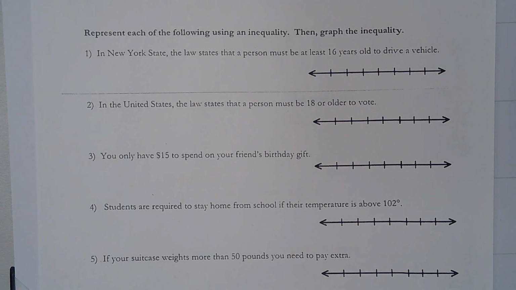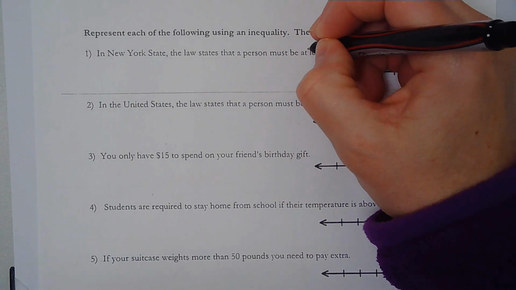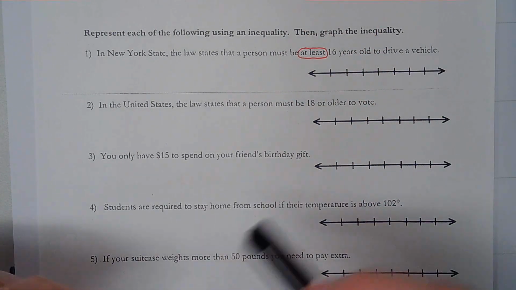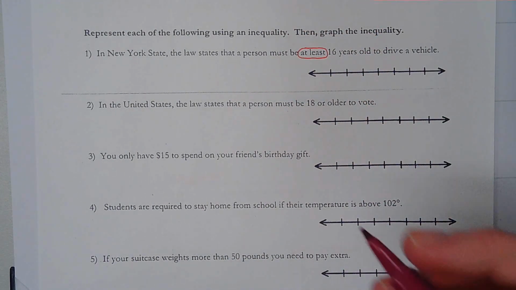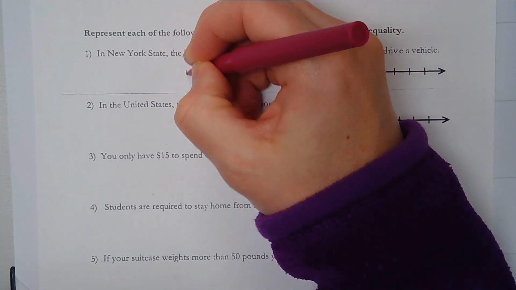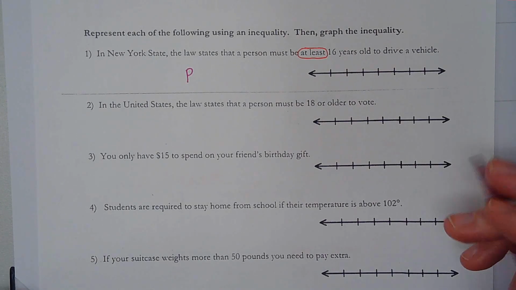So it says, in New York State, the law states that a person must be at least 16 years old to drive a vehicle. So at least is what we're looking at here. So that tells me that it doesn't matter what letter you use. So we're talking about people, we'll say P. So P, at least.